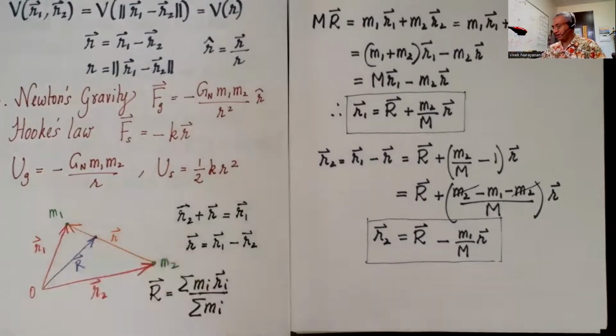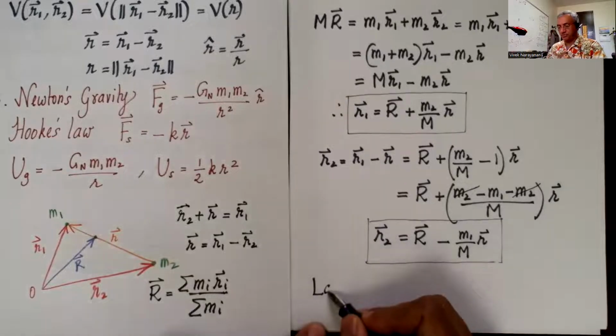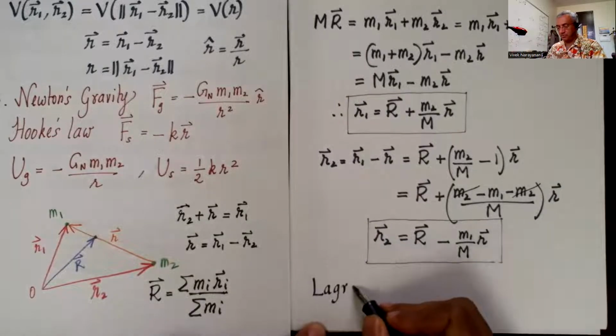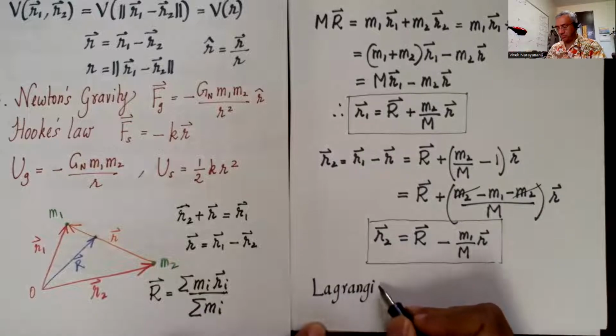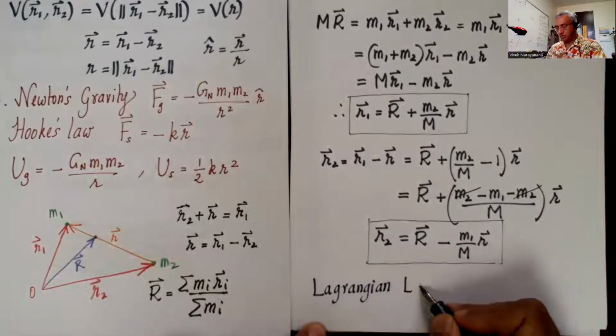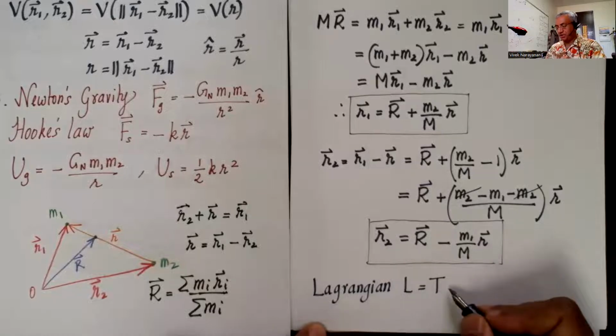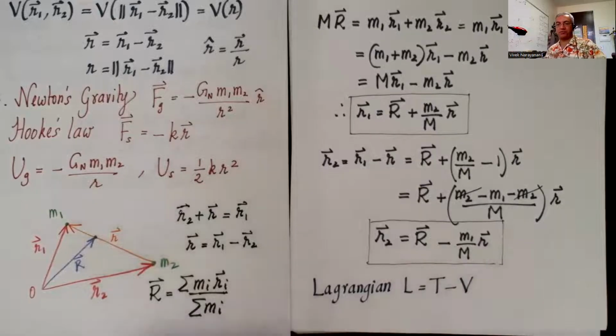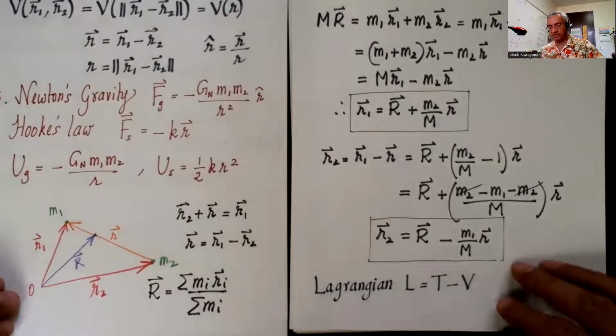So let's do that. Lagrangian L is the kinetic energy minus the potential energy. The kinetic energy is the kinetic energy of each object, and the potential energy is some central force, which I'm not going to assume anything about at this point.